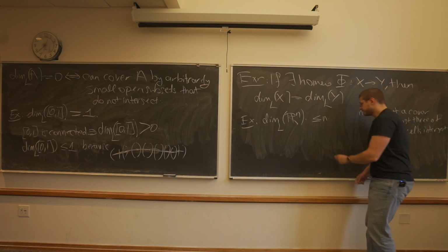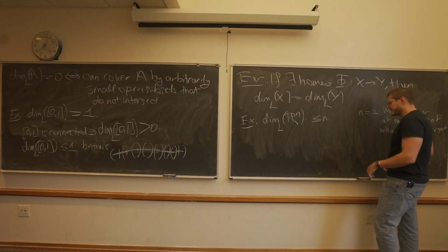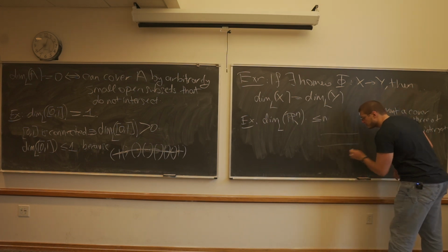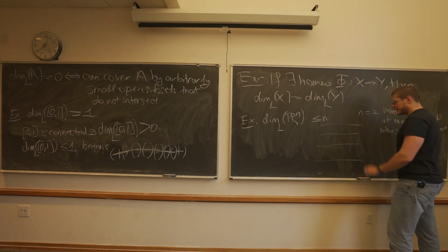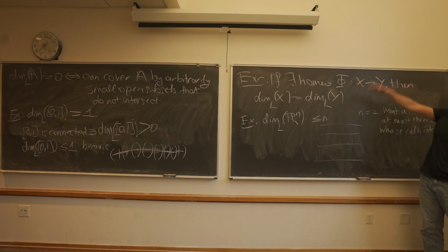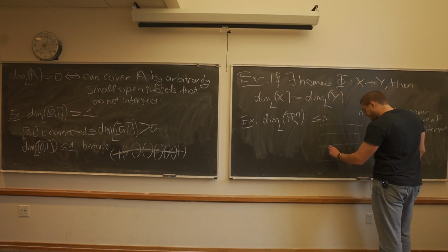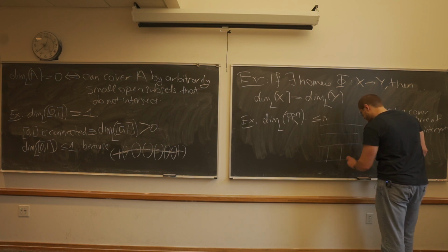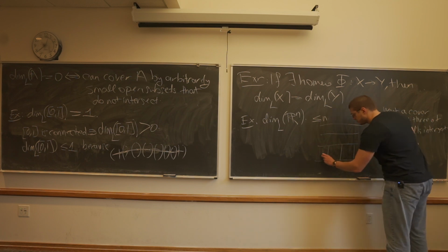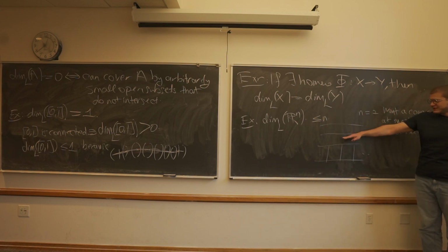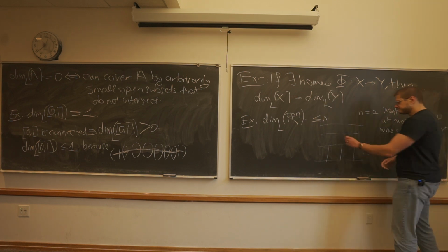And so here's the idea. So I want to cover the whole plane when n equals 2. And I'm going to take, imagine sort of like, I have different sort of heights, and I'm going to take little rectangles. Let's say like this. And in the next stage, I'm going to stagger them a little bit.